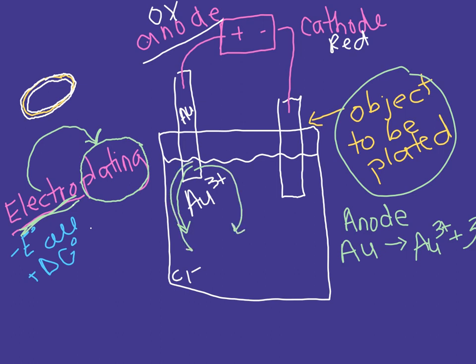So this will get smaller as your cell runs. And then if we look at the cathode, that's where these Au3+ will come and form Au, the metal, and that's how you get it coated.